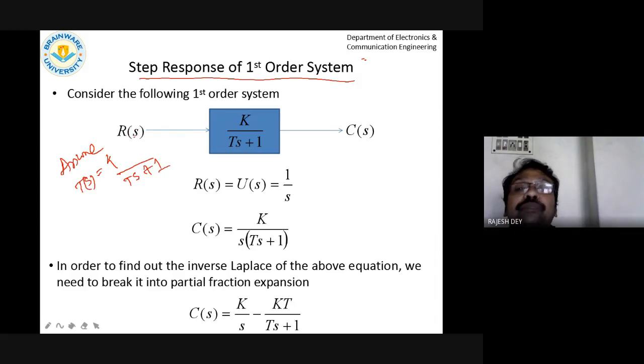We apply a step signal as we are calculating the step response. So what is the value in the Laplace domain? R(s) equal to 1 by s. Then what will be C(s)?